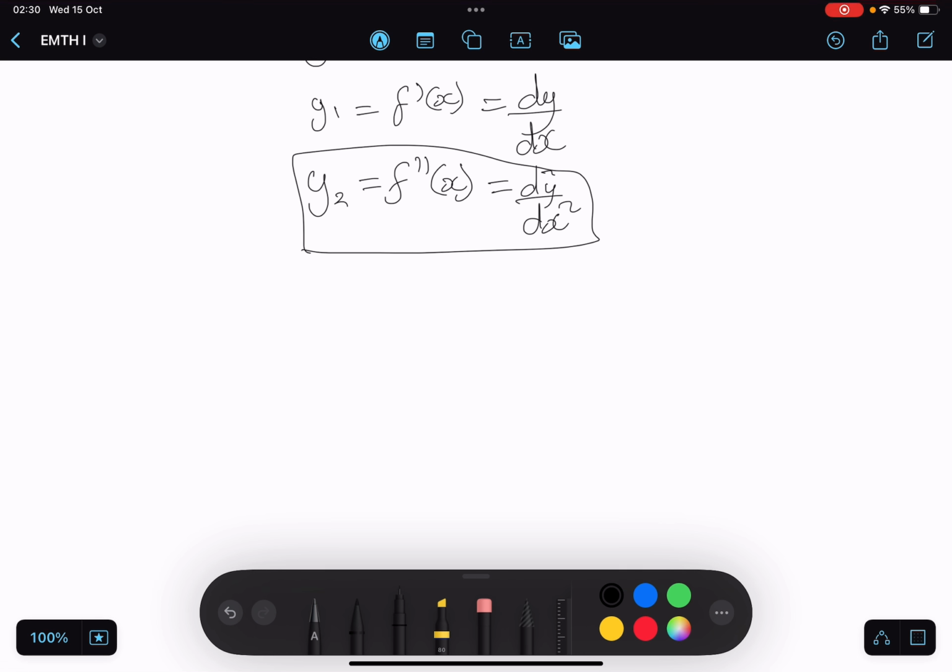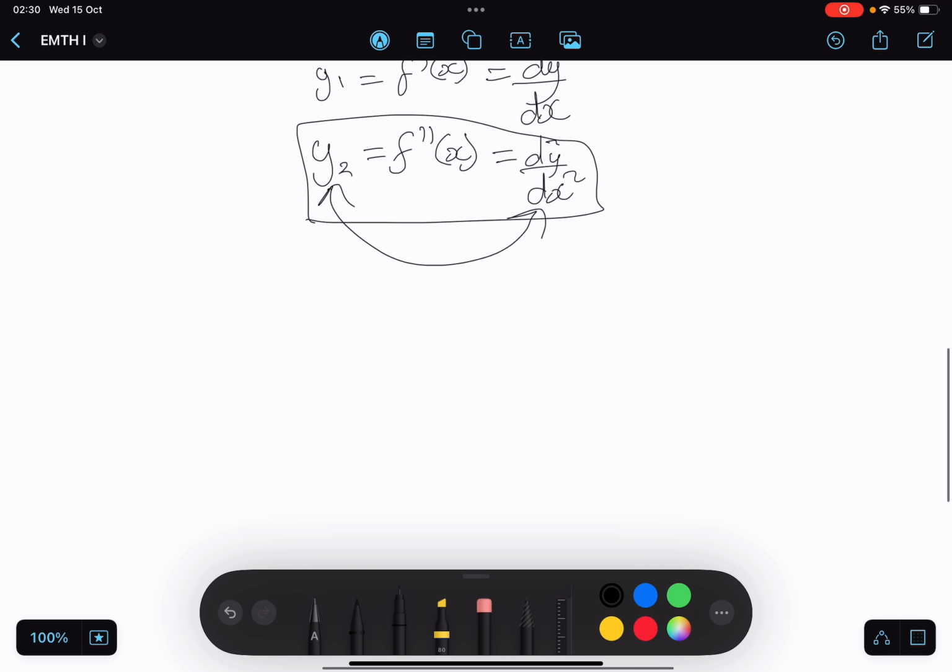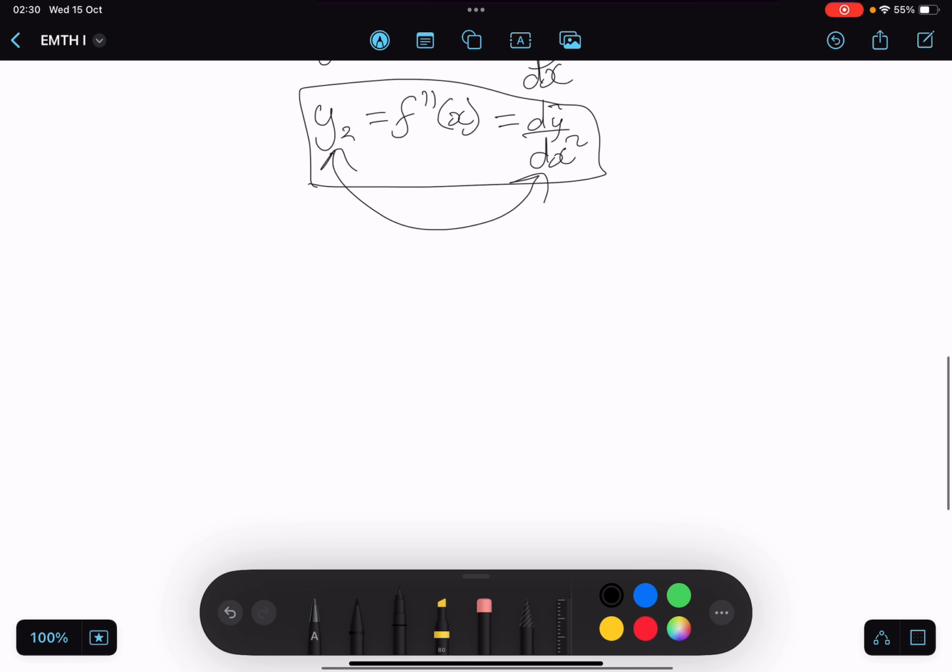But in this video, we're going to use these two notations, which means you can also find the third derivative if you continue to differentiate this function. This is the third derivative.